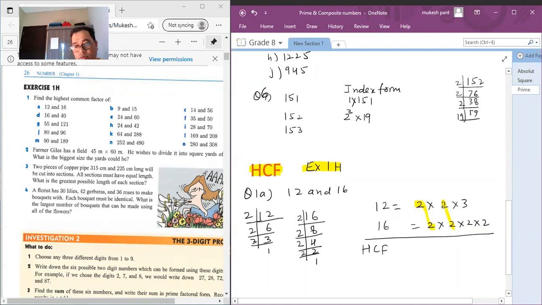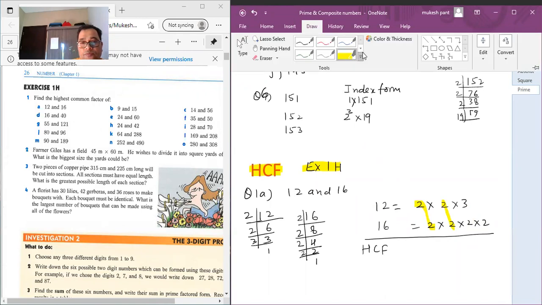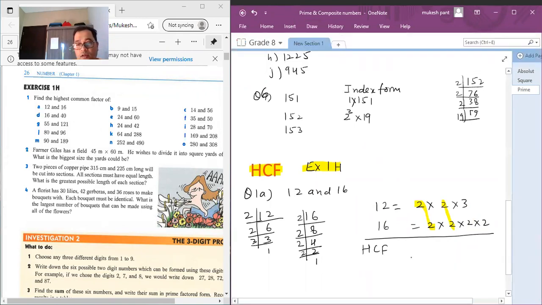So 2 is in 12 and in 16 also. We will leave the remaining numbers which are not common. So our HCF will be 2 times 2. Okay, this is one way to find the HCF. Note this one, then I will tell you another method.